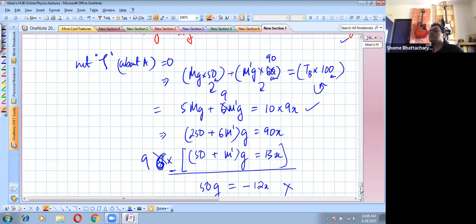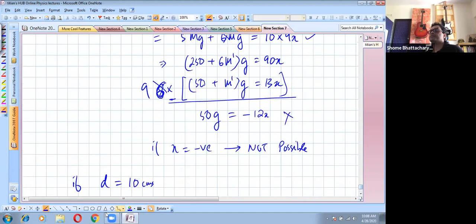So when we multiply this equation with 9 instead, we'll see that we'll get 450 minus 250, so that's 200g, is 9 into 13 minus 90, so that will become 27x.